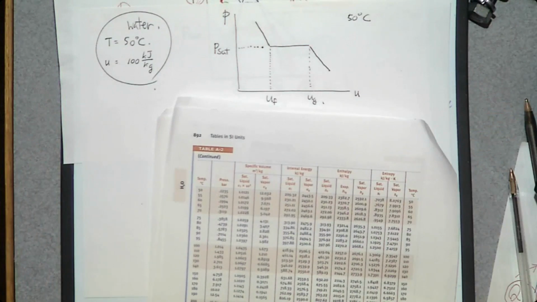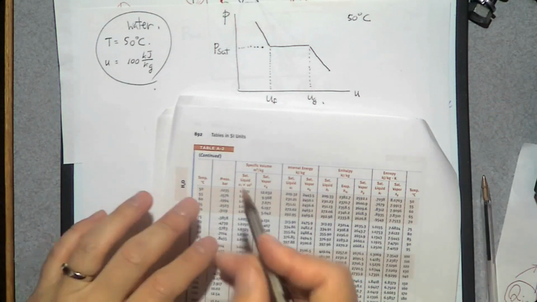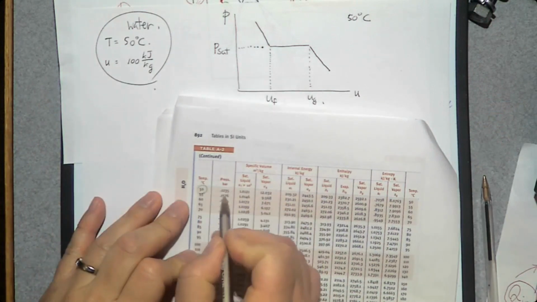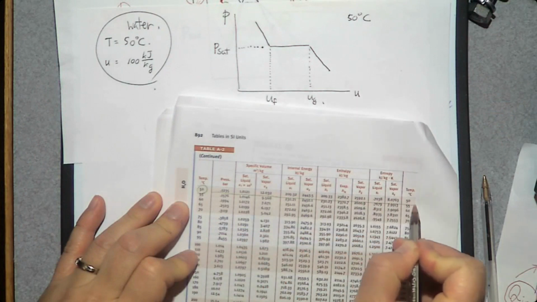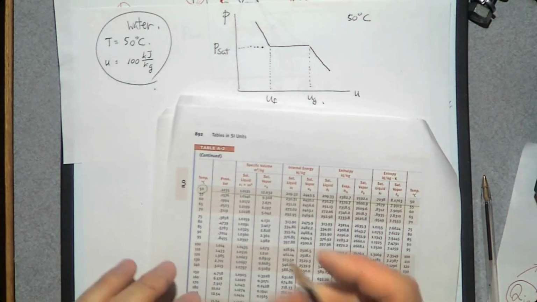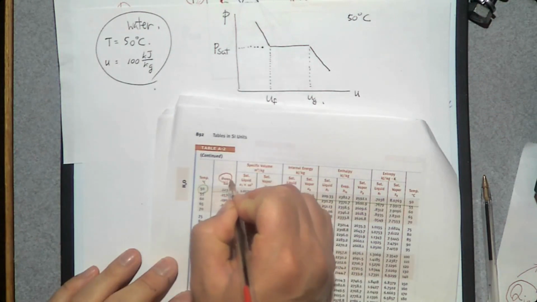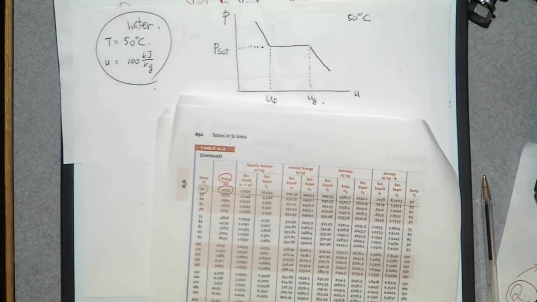Now there is 50 degrees Celsius. At this temperature, what kind of properties can we use? Any property on this row, we can use. So what do we need first? T sat, saturation pressure. Where is it? Saturation pressure is here, 0.1235.